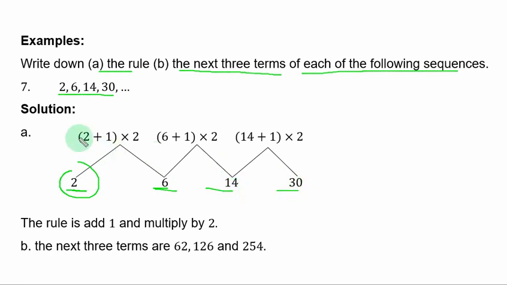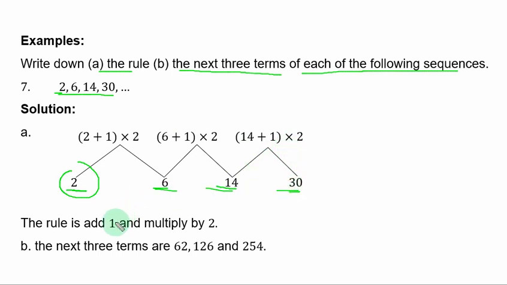From here, if you add 1 to the first term, you have 3. Multiply it by 2, you have 6. Then, to get this term, if you add 1 to the second term, multiply by 2, you have 14. And here, if you add 1 to 14 multiplied by 2, you have 30.